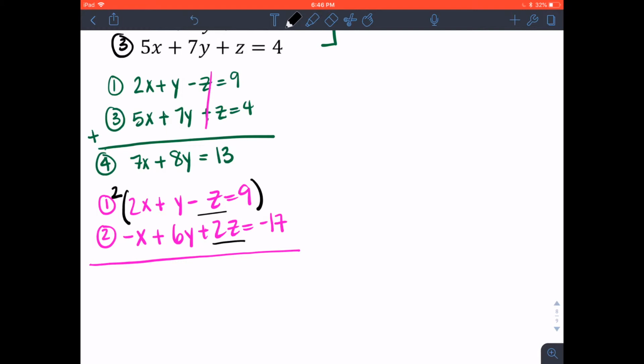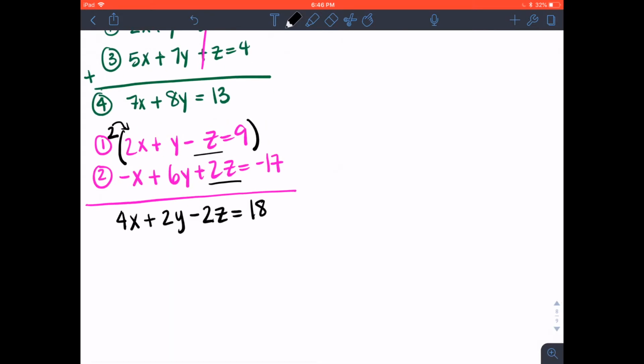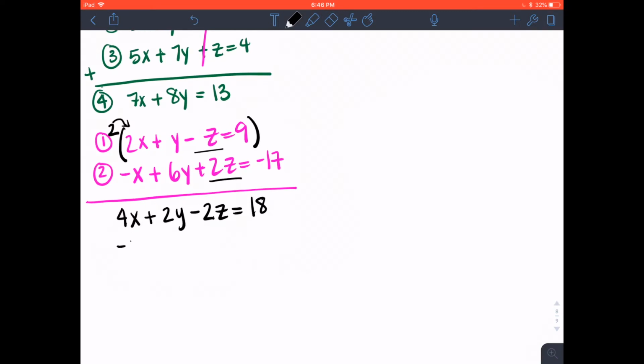We're going to multiply this 2 into each term. So that's 2 times 2x, which is 4x. 2 times y, which is 2y, minus 2z equals 18. And then I didn't multiply anything to the second equation, so I'm just going to bring that down. So negative x plus 6y plus 2z equals negative 17.